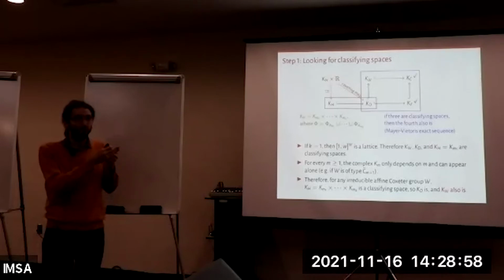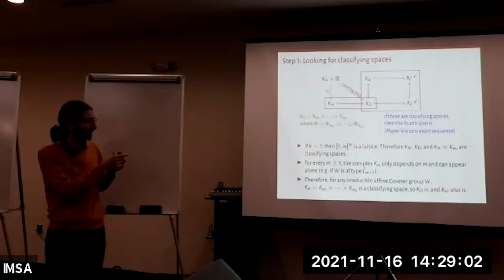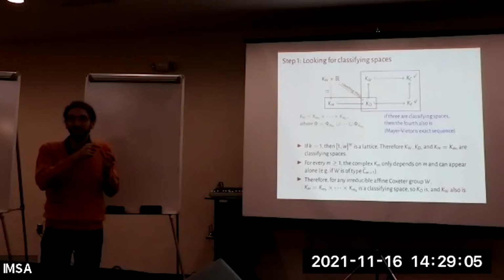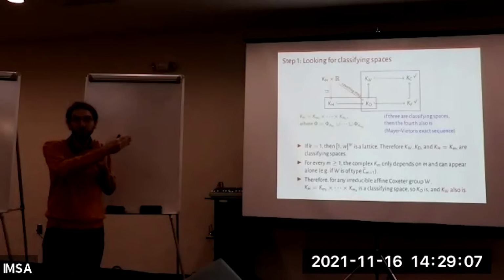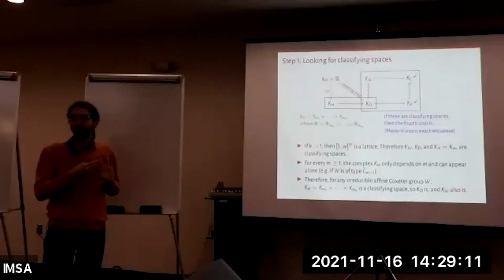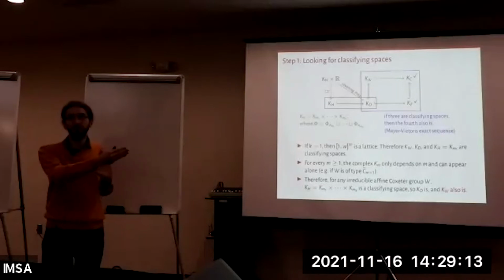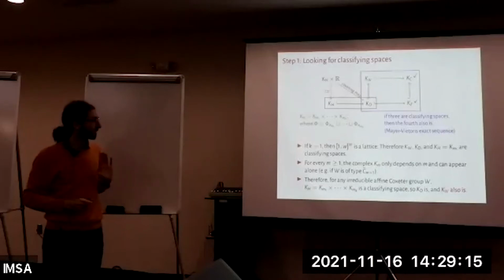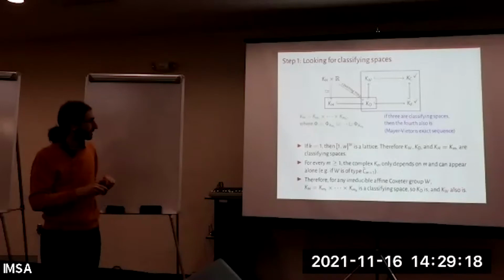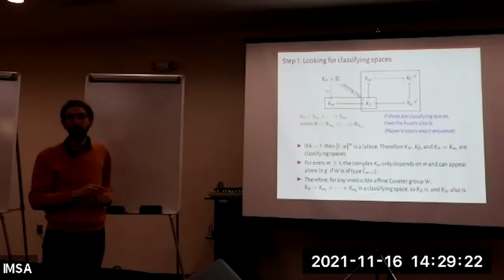This is maybe a slightly tricky step, but it basically implies that if KH is a product, all the single components are classifying spaces because of what I said before. So the product is also a classifying space. So KH is a classifying space, so KD is a classifying space, so KW is a classifying space.